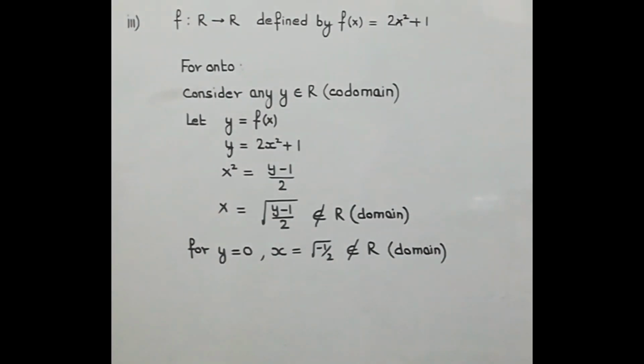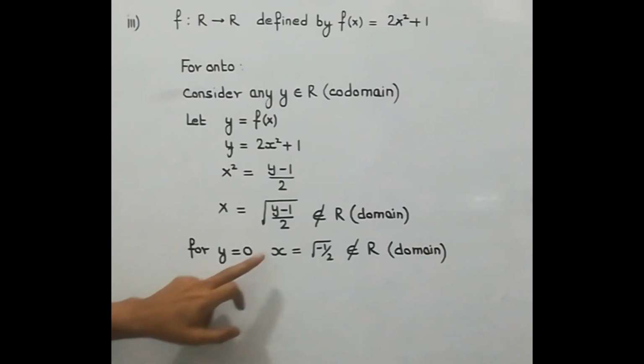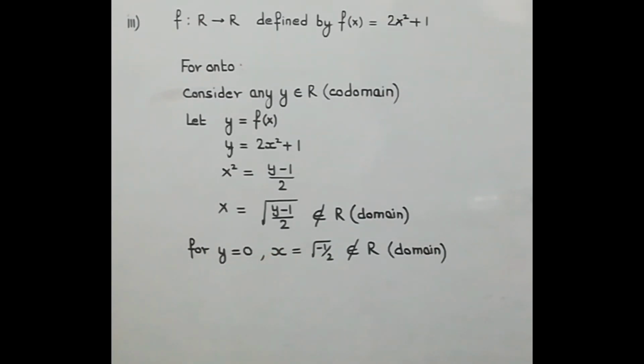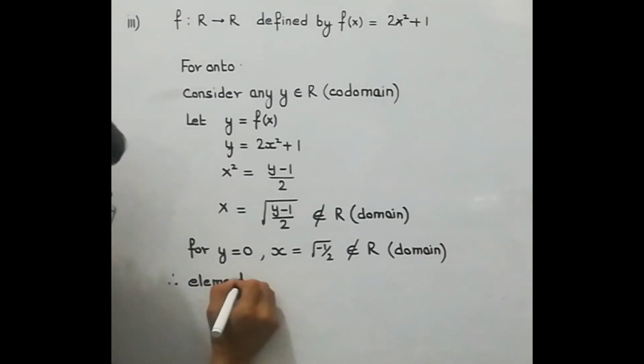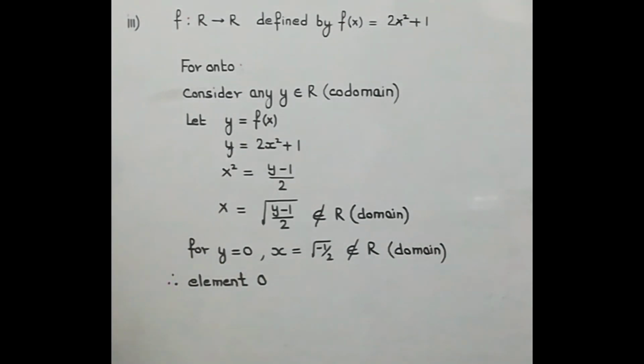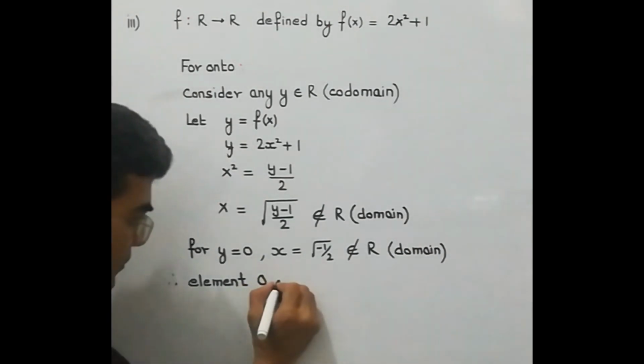So from here it is clear that y as an image is not getting a pre-image in the domain. So you can write therefore element 0 which belongs to codomain.